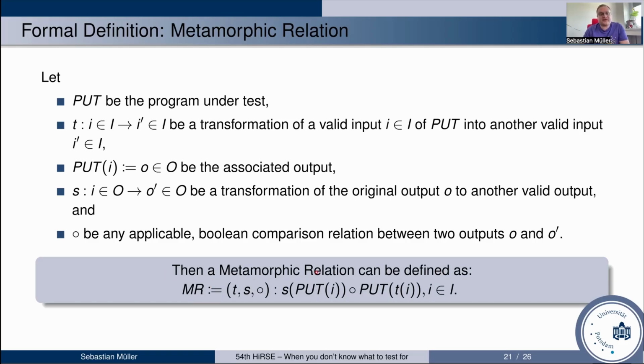So we are left with this three-tuple of an input transformation, an output transformation, and our comparator.